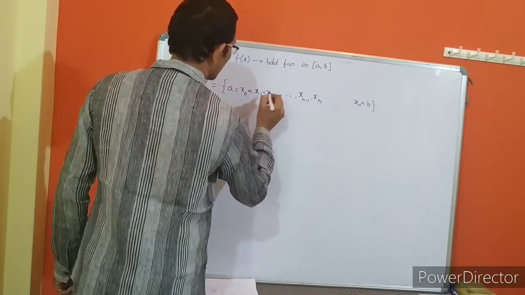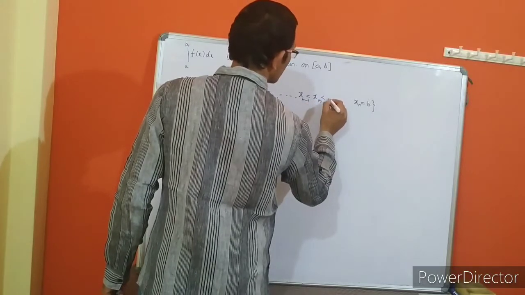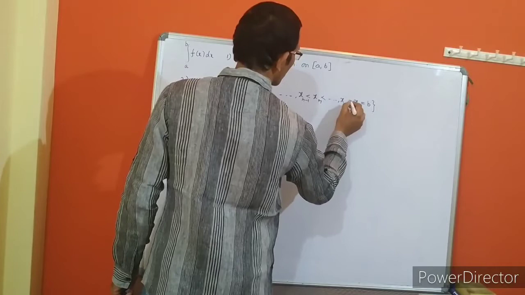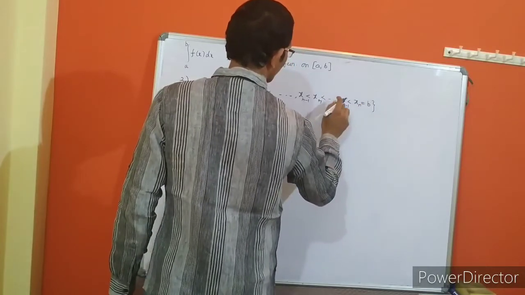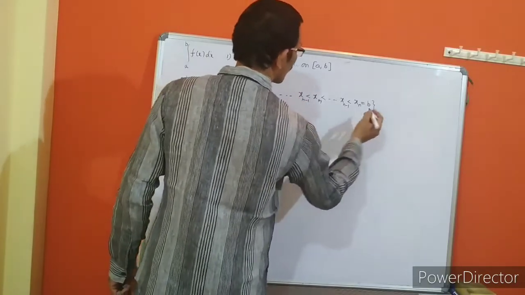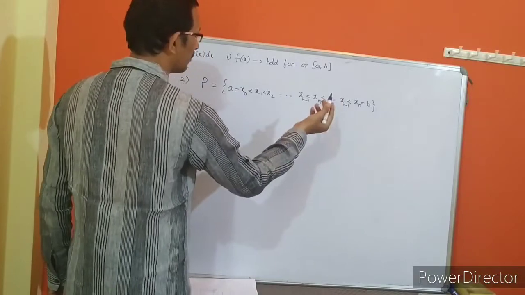Of course they are increasing, and so on, x(n-1) and xn. So like this we have a set of some points between a and b, including a and b.